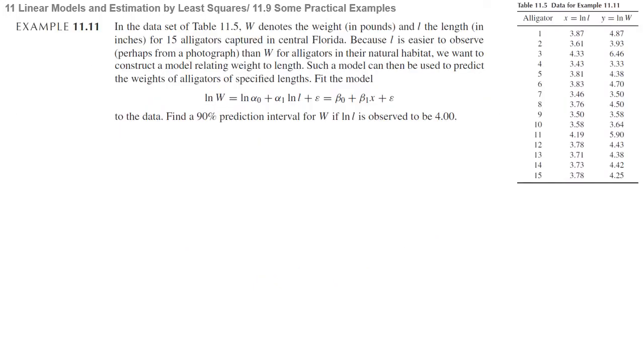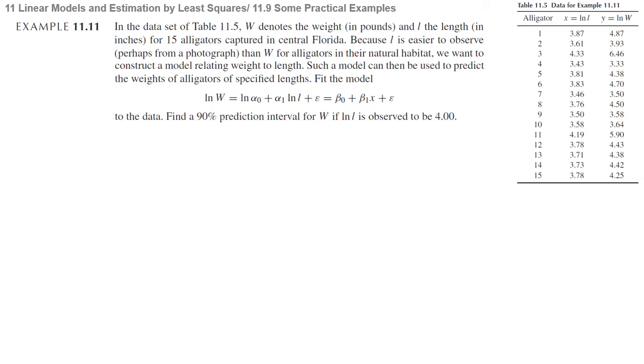Let's move on to example 11.11. In the dataset of table 11.5, W denotes the weight in pounds and L the length in inches for 15 alligators captured in Central Florida. Because L is easier to observe than W for alligators in their natural habitat, we want to construct a model relating weight to length.